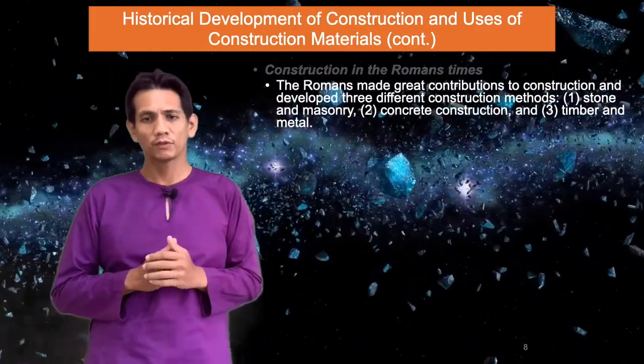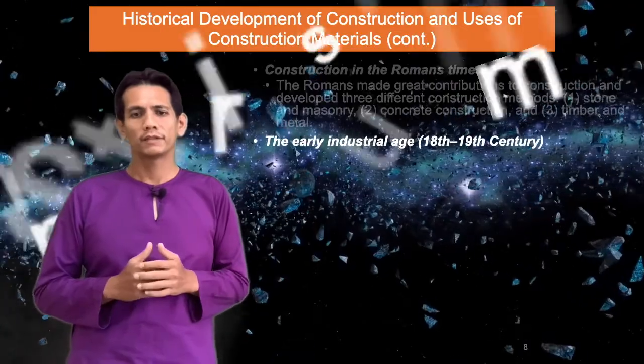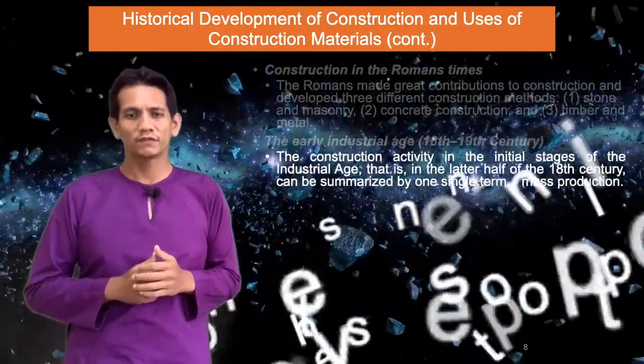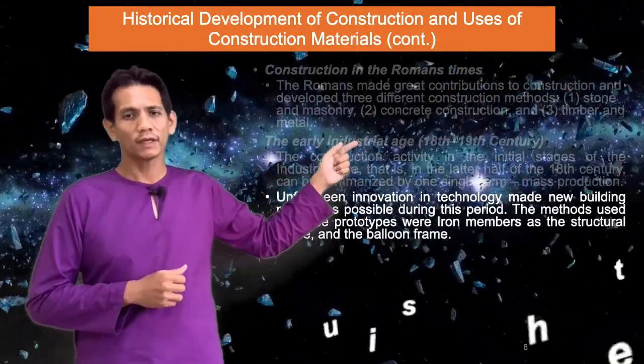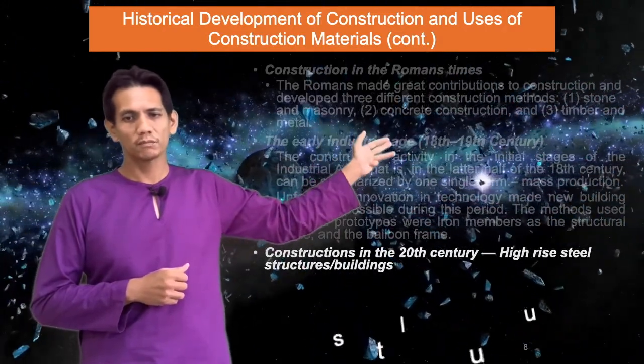Then we continue with construction in Roman times. The Romans made great contributions to construction and developed key construction methods: first, stone and masonry; second, concrete construction; and third, timber and metal.